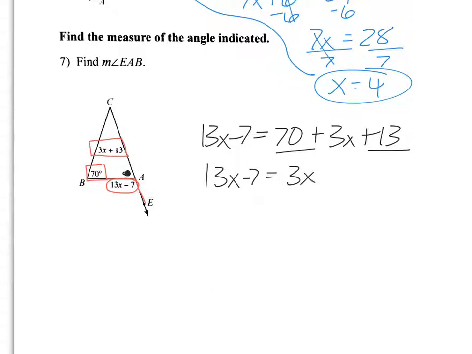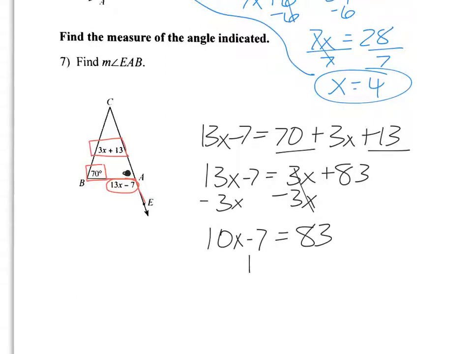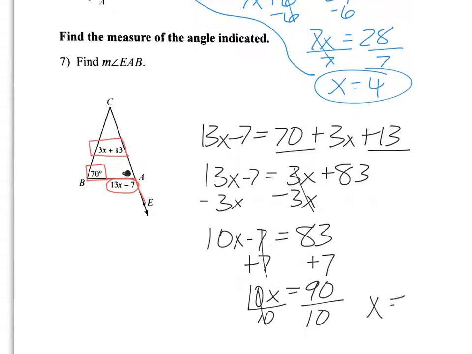So that's 3x plus 83. I'm going to subtract 3x from both sides. It's going to give me 10x minus 7 equals 83. Add 7 to both sides. 10x equals 90. Divide by 10. And we get x is equal to 9.